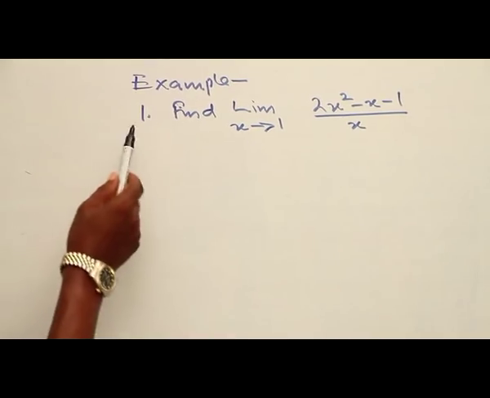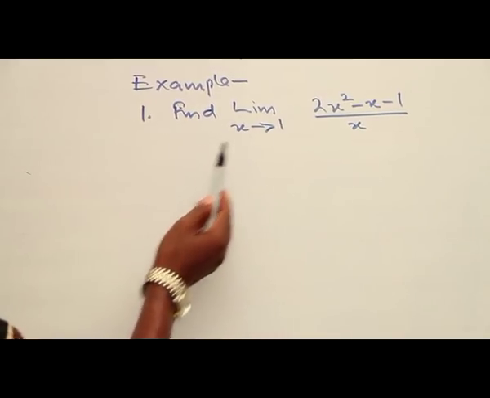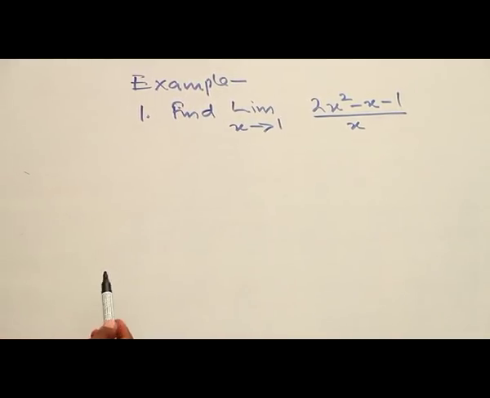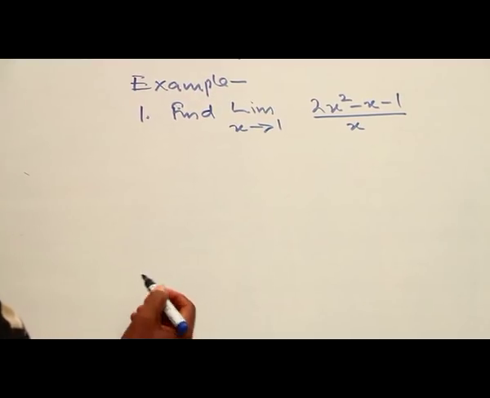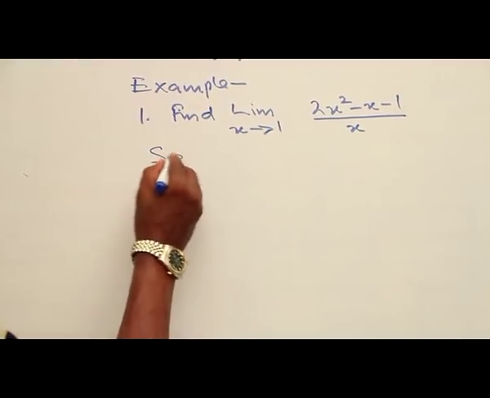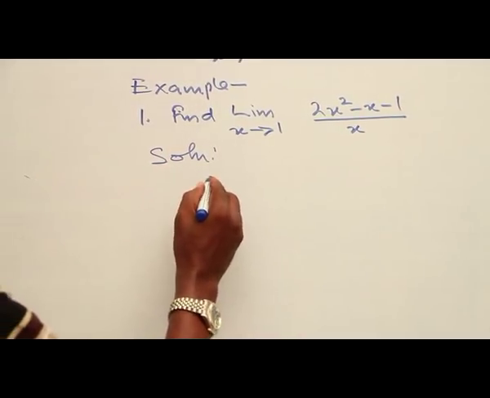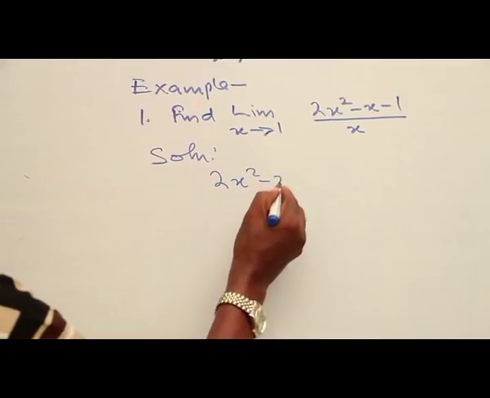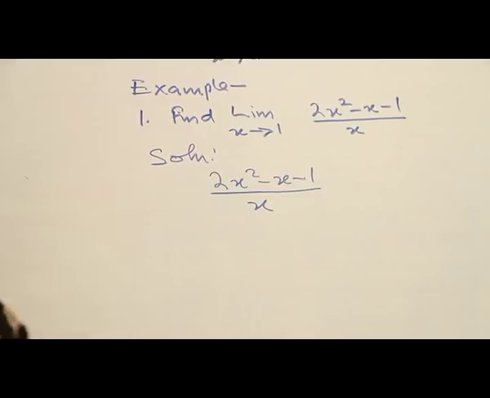Example number 1. Find the limit as s tends to 1 of the function 2s squared minus s minus 1 all over s. Our solution. We have here 2s squared minus s minus 1 divided by s.